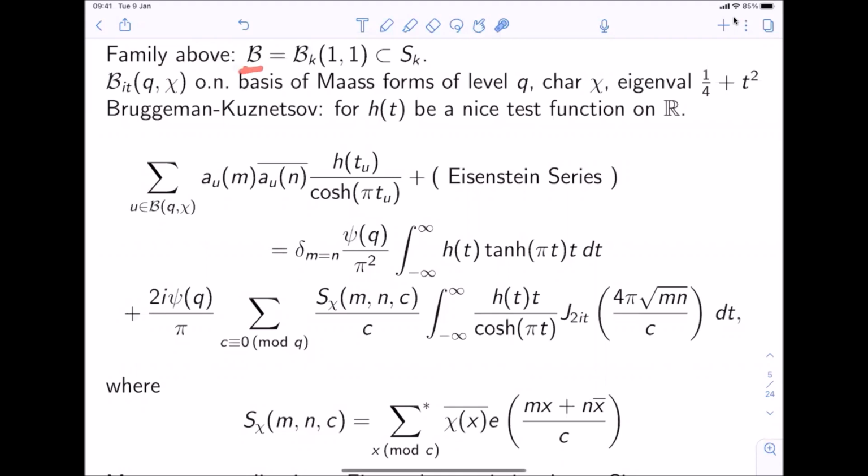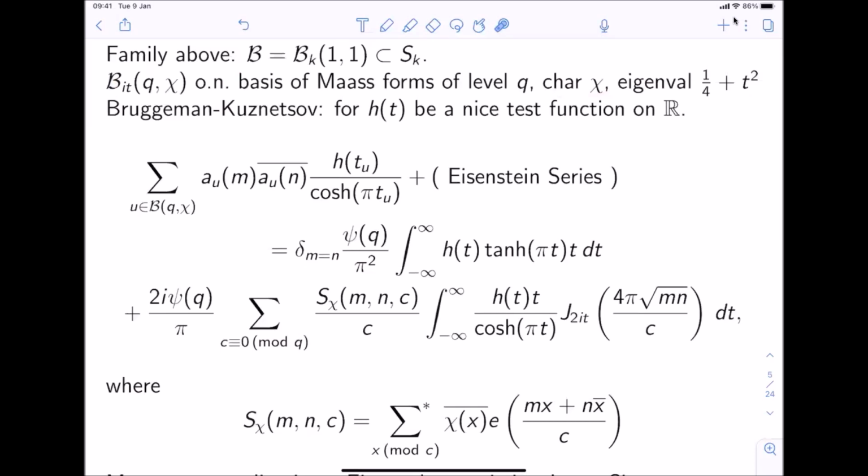Instead of just writing script B, I'll write B sub k and comma 1, 1. So in general, maybe I'll write script B_it to be the Maass forms with spectral parameter t, or it you can say, and level q and central character or Nebentypus character chi.